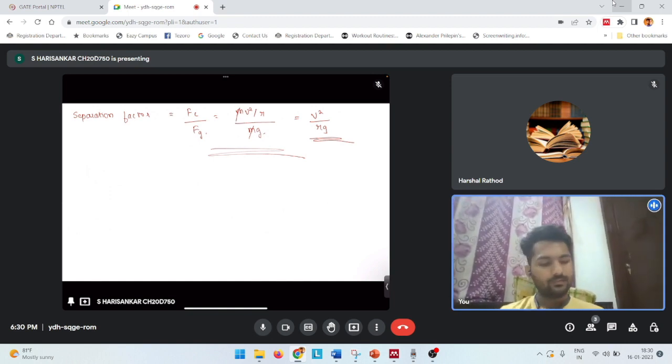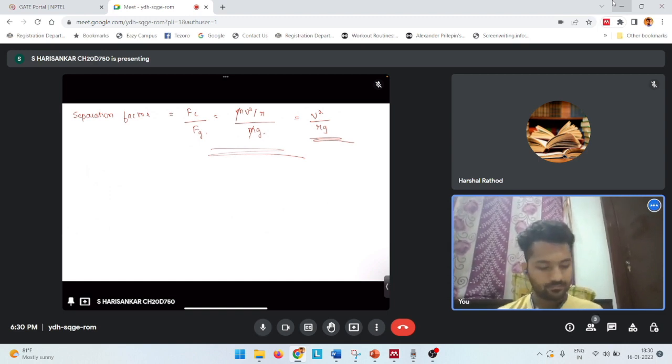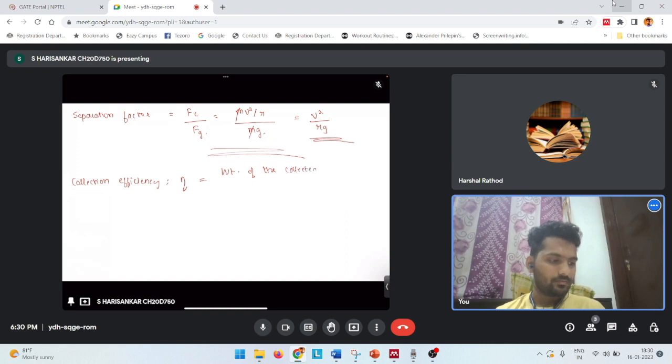And one more thing we need to learn regarding this cyclone separator is the collection efficiency. Say it is eta, and this eta will be equal to the weight of the collected solids by the weight of the feed.